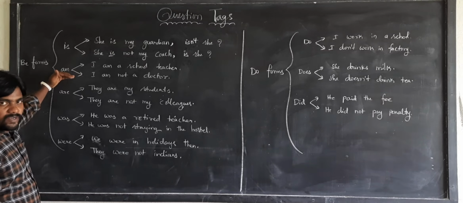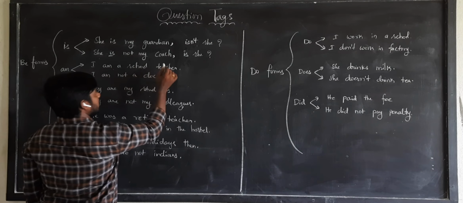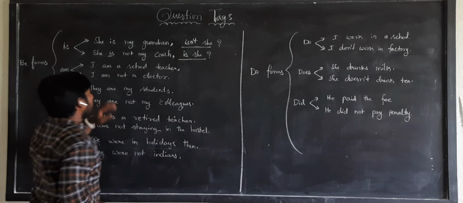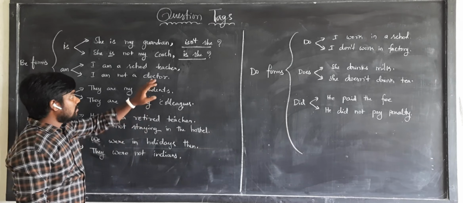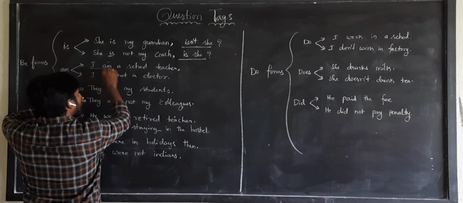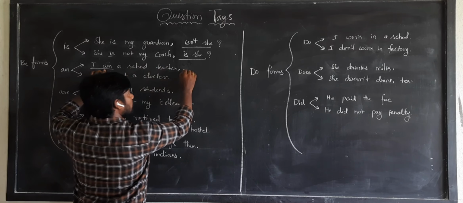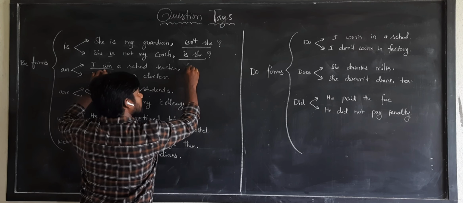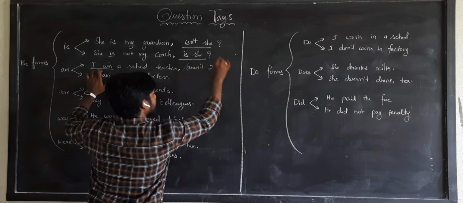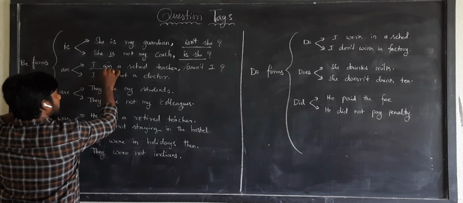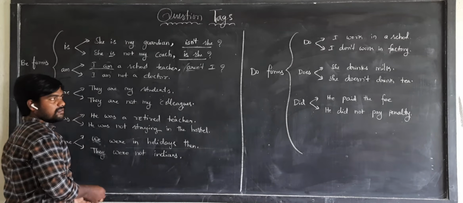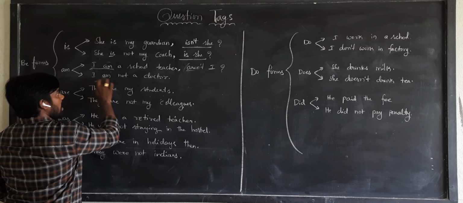That is the next one. I am a school teacher. Only here, with the auxiliary verb, only to this, I am, we take aren't I. Only for I am, to the positive, we take are. In the negative, you see, I am not a teacher.